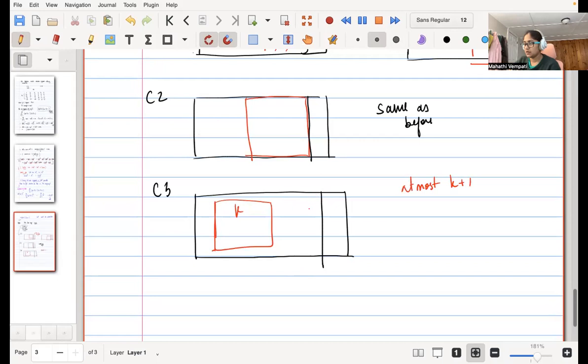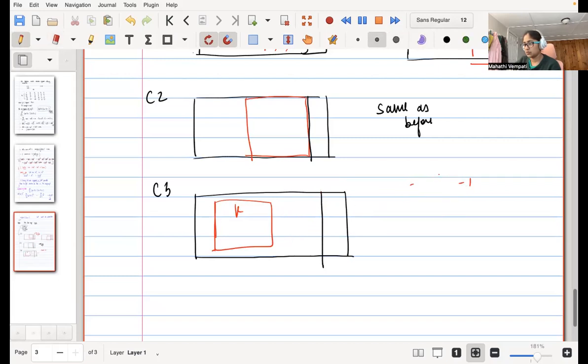Because if it's greater than K plus 1, for instance, if by adding this I'm getting something that is K plus 2, that means since this is only 1 and this is 1, there's already a K plus 1 cross K plus 1 square inside, and this is not the biggest square.